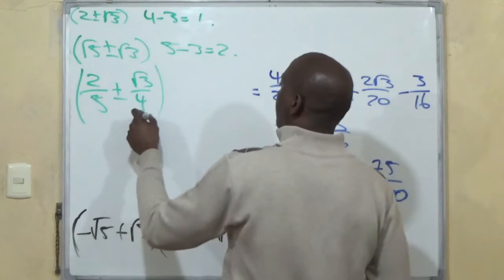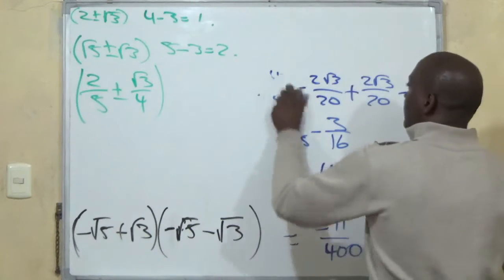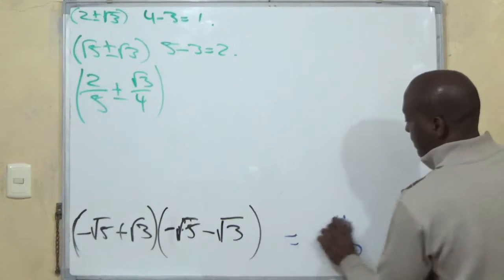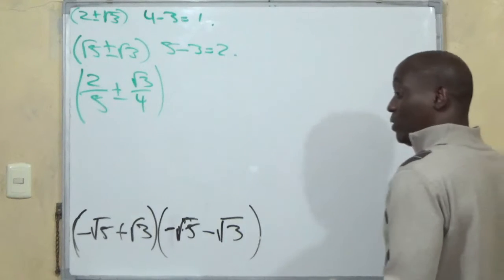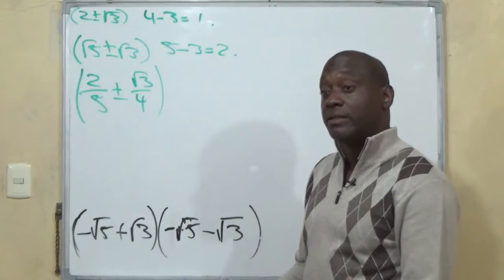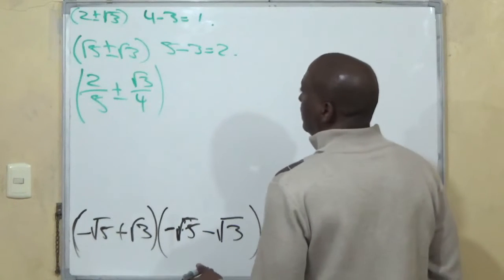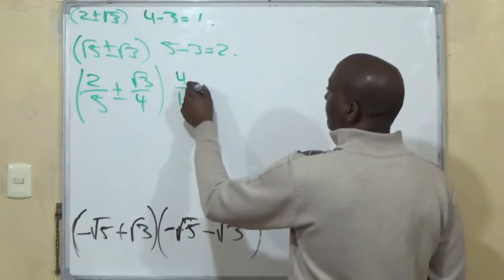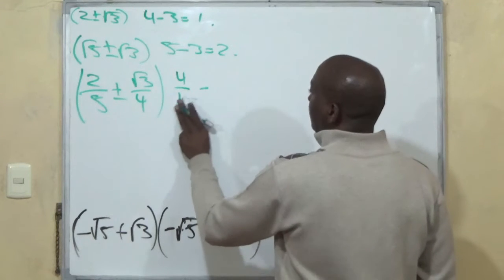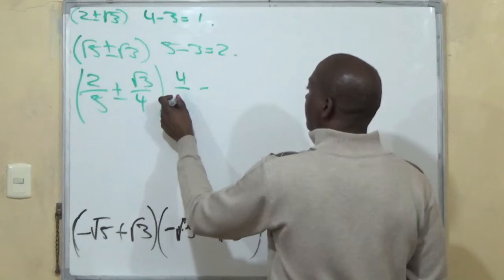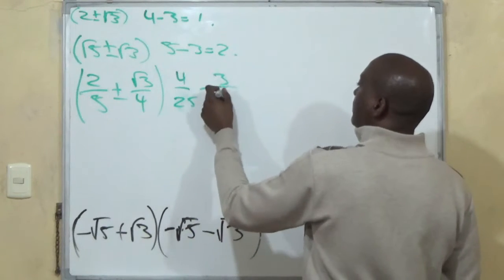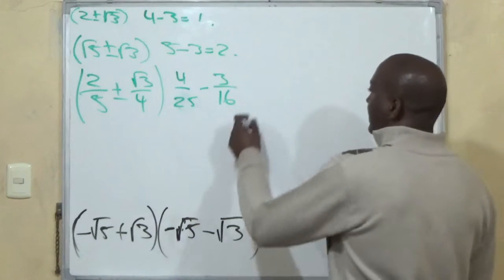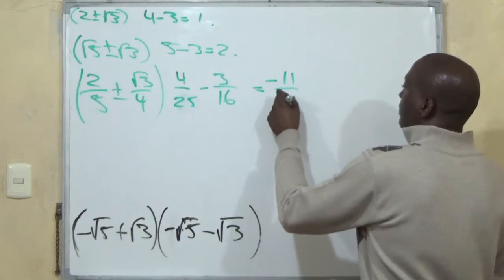When we multiply the two conjugates, remember, one is just the conjugate of the other, we get 4 over 25 minus 3 over 16, and that was minus 11 over 400.